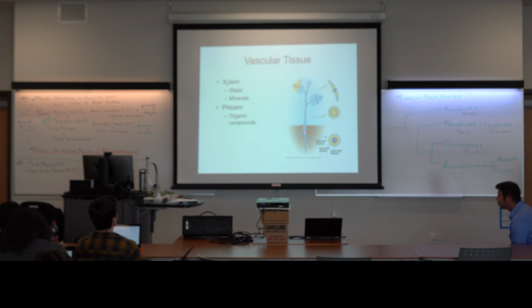And then that vascular tissue splits when we get into the stem. I should say it in a different way: when we get into the stem, that vascular tissue is broken up into bundles. Those bundles form a ring that goes around the perimeter of the stem.